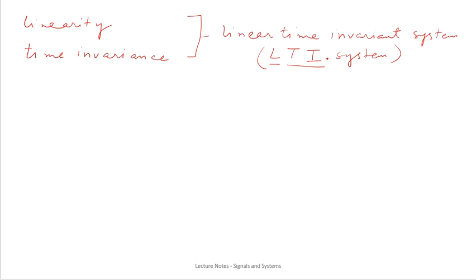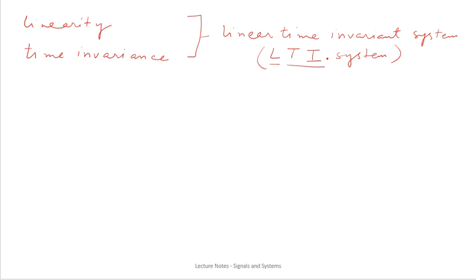Now, if we can represent the input to an LTI system in terms of a linear combination of a set of basic signals, then we can use superposition to calculate the output of the system in terms of its response to these basic signals, isn't it? A main problem in system analysis is determining the output response to some specified input.